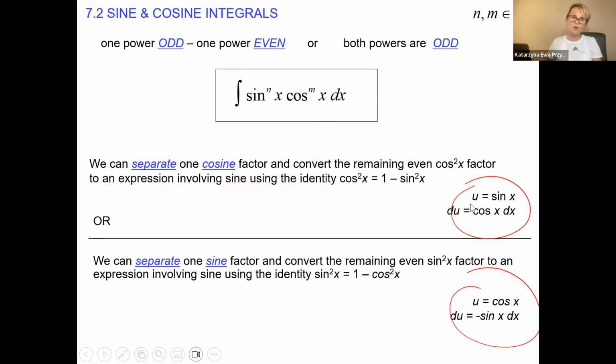Sometimes both of them will work, sometimes only one substitution, but these are the only two options. It could be sine of x or it could be cosine of x. And we know the Pythagorean identity. Yes, we know how to rewrite one function in terms of the other.